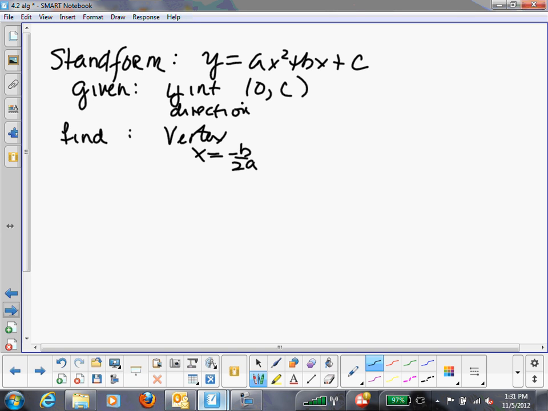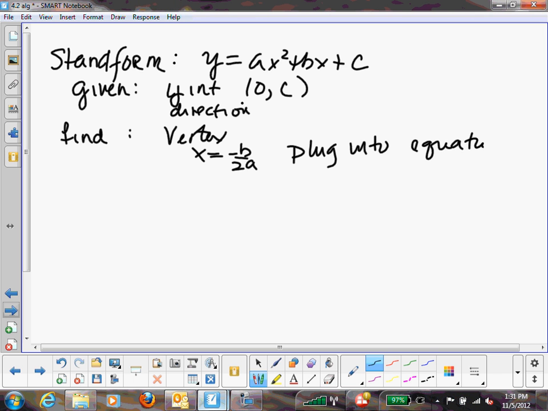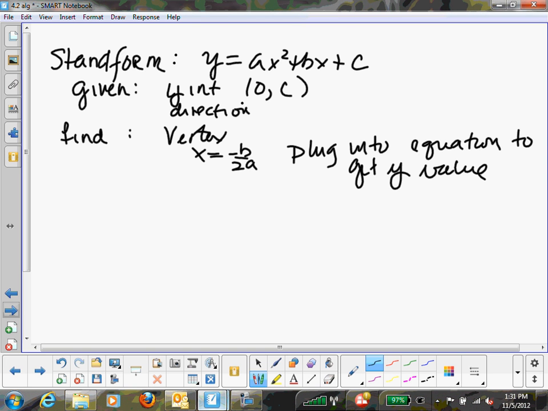And then plug that value in and you get the y value. Correct? All right. And then we still need the axis of symmetry and the reflection point, okay?